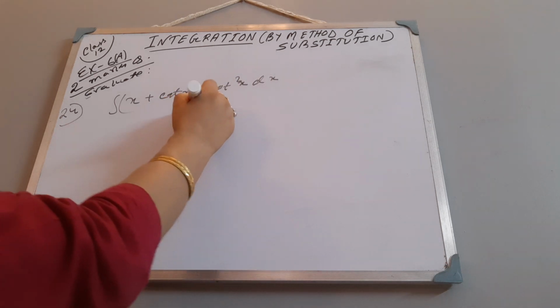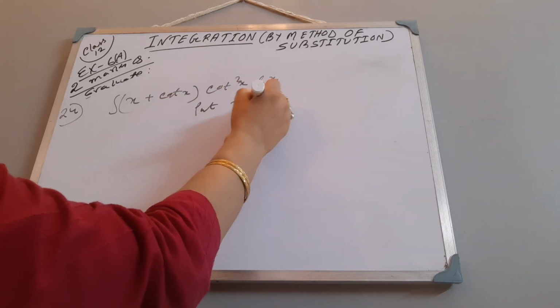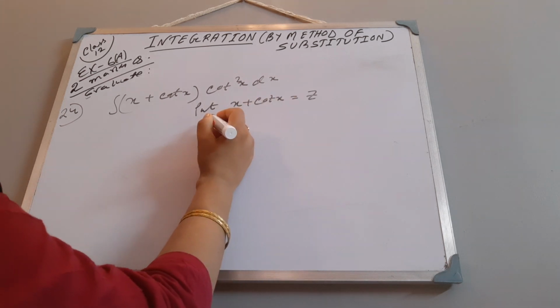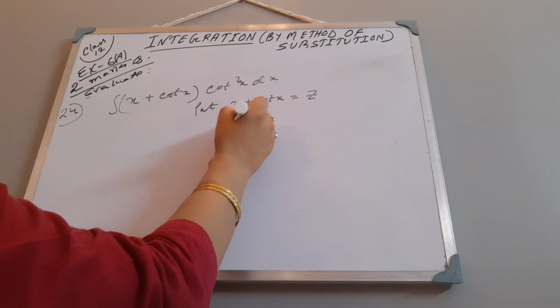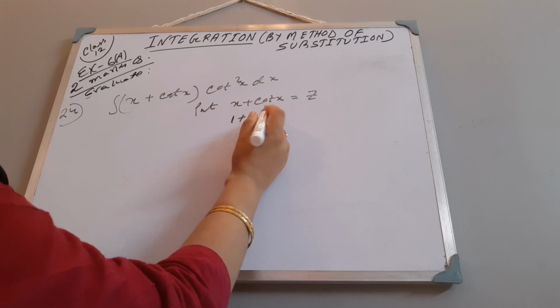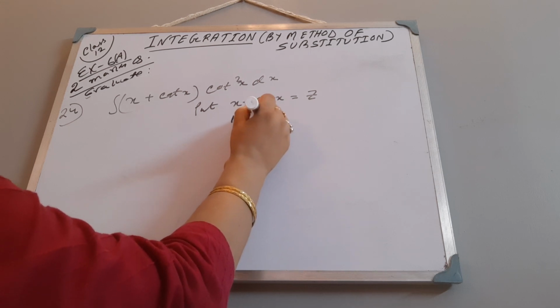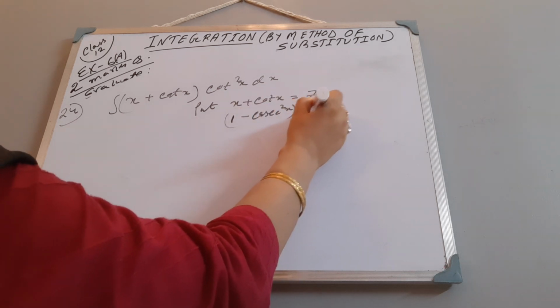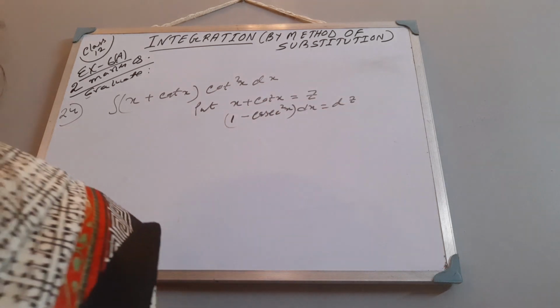Put x plus cot x equals z. d/dx of x is 1 and d/dx of cot x is minus cosec square x. So write here minus cosec square x, and this dx is equal to dz.